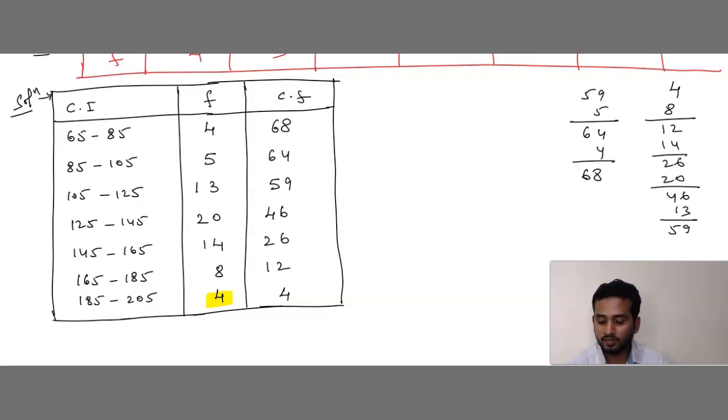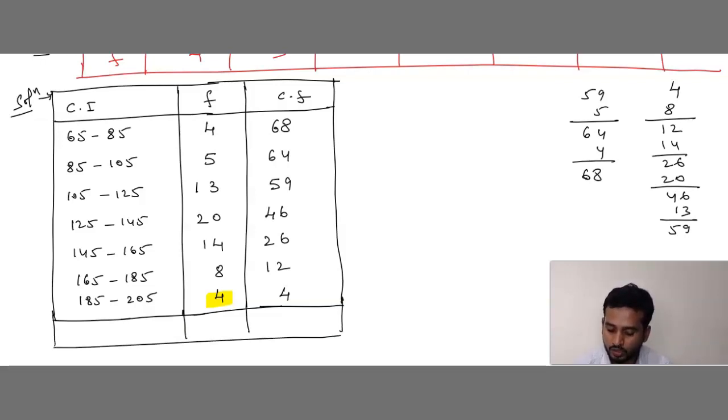Somewhere maybe our answer is wrong, we don't know. Let me check. We are getting 68. If our calculation is wrong, we'll get to know here itself, children. Do not worry. Add all f. 4 plus 5, 9. 9 plus 3, 12. 12 plus 4, 16. 16 plus 8, 24. 24 plus 4, 28.